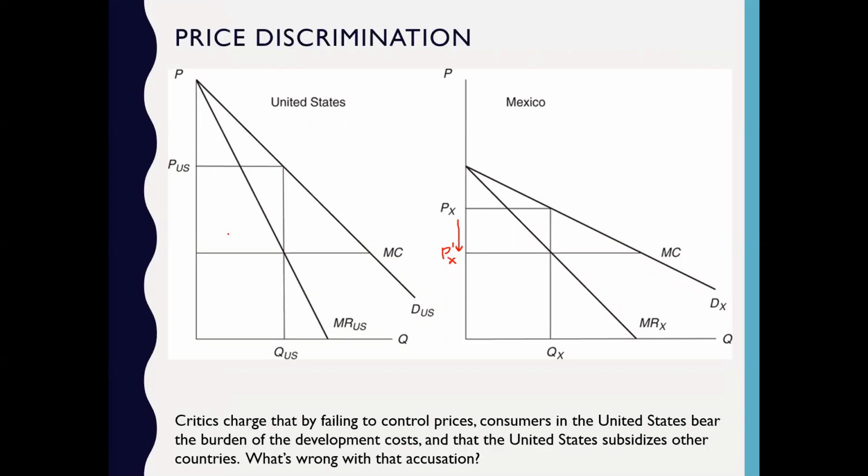Because it really depends on whether or not the firm is capturing the average cost, so taking into account those 14 years of R&D, covering their marginal costs. And so the idea that the US is subsidizing Mexico in terms of keeping the firm afloat is not totally true. So we'll come back to that claim with respect to innovation in a few slides.